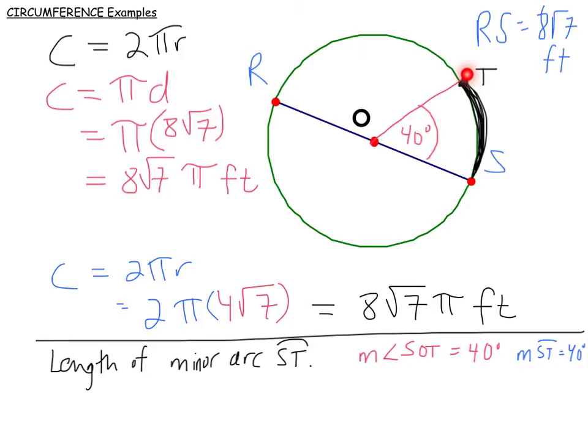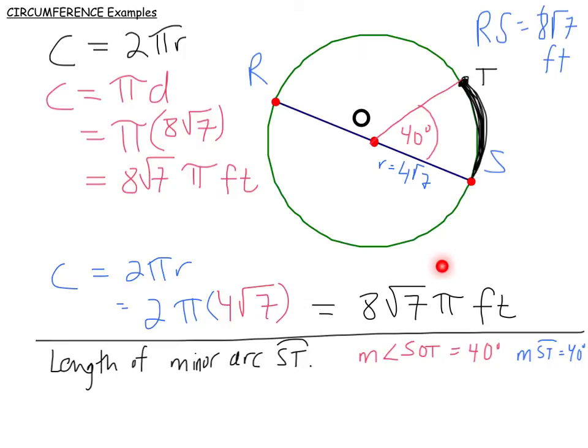Well, what we can do is, we knew that OS from above was equal to 4 root 7. That's the radius. This distance right here is 4 root 7 because the entire distance, otherwise known as the diameter, is 8 root 7. Well, we've already found the entire circumference to be 8 root 7 pi feet.